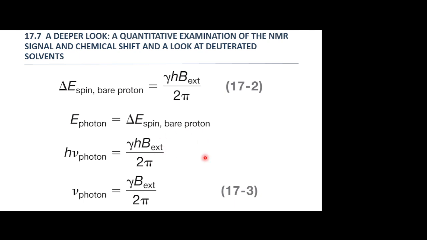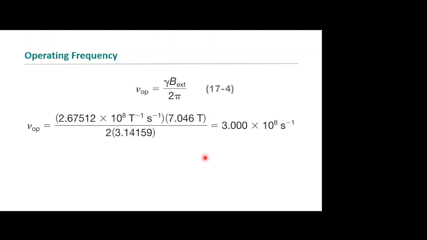No? Okay, fantastic. Okay, let's talk about operating frequencies. So the operating frequency here is going to be the signal that would be produced by a bare proton. That's going to be represented by this frequency here. It looks like a little V, and then OP, which is operating, right?